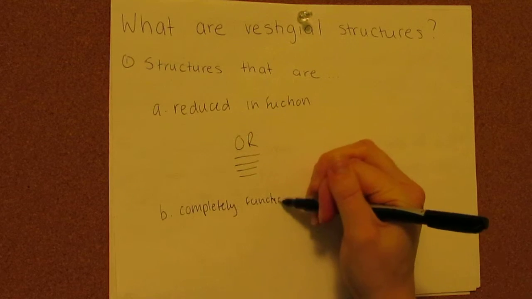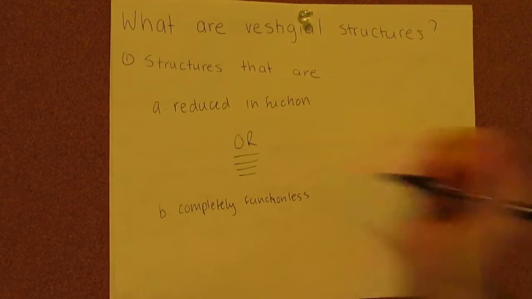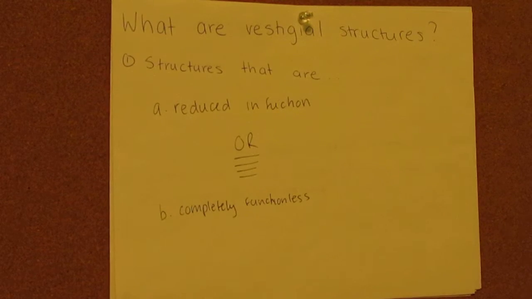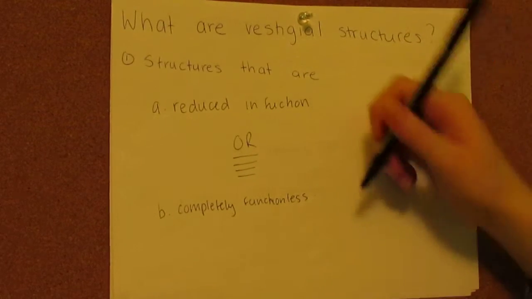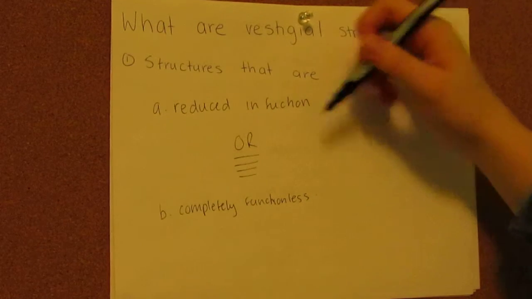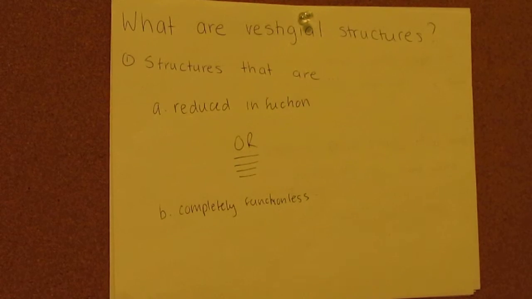Now, a very common misconception about vestigial organs and structures is that they can only be completely functionless, but the truth is they can either be reduced in function or completely functionless.